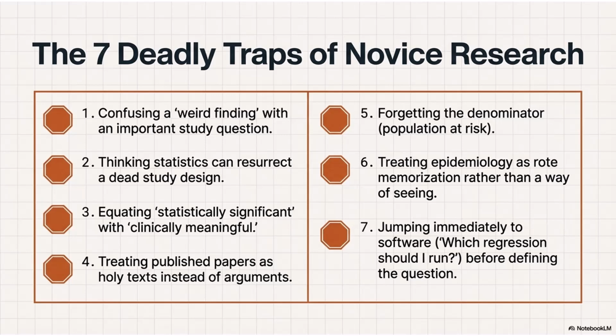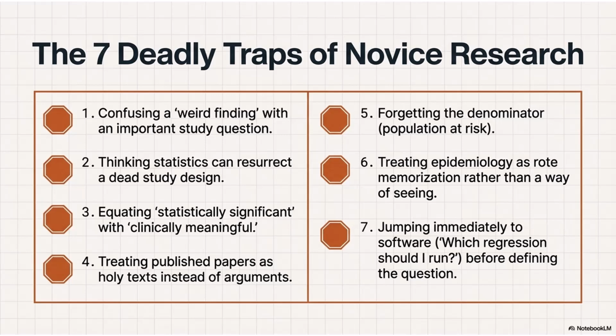Mistake number 5 would be forgetting the denominator, okay? If you do not know the population at risk, your intuition can betray you very fast. Mistake number 6, treating epidemiology like memorization, okay? Please, this is not a list of definitions to cram before an exam. It is more of a way of thinking. Mistake number 7, jumping too fast to software.